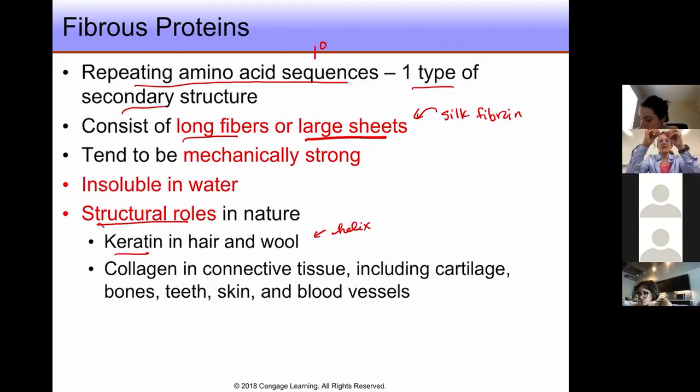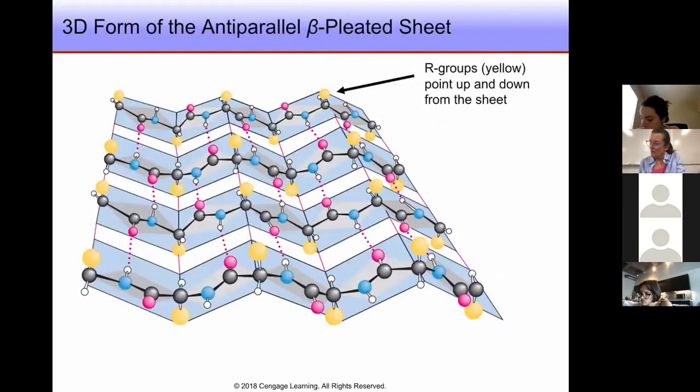And because it's a helix, it's kind of springy, right? You can imagine a helix behaving like a spring. So wool is more springy than silk. Because if you look at a beta sheet, it's already pretty extended. You can't really stretch it much longer, right? Then it just goes flat.